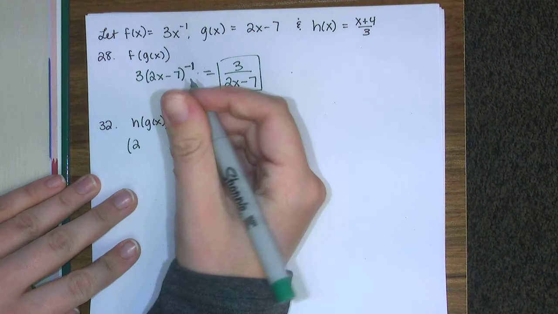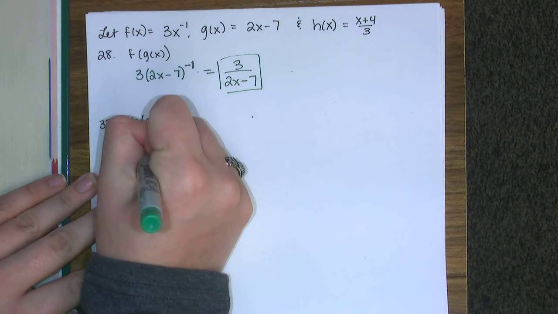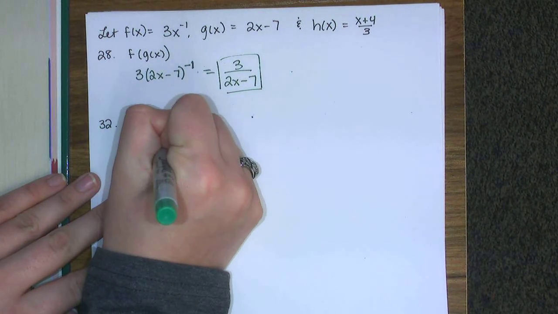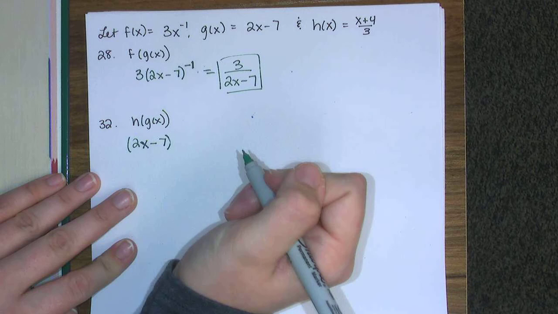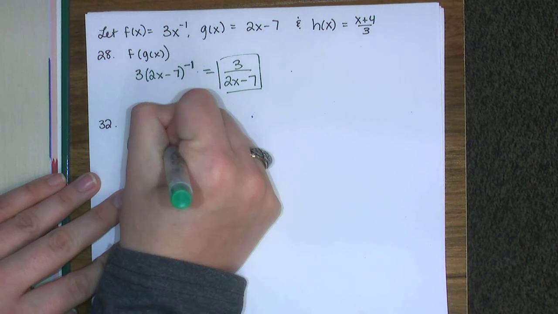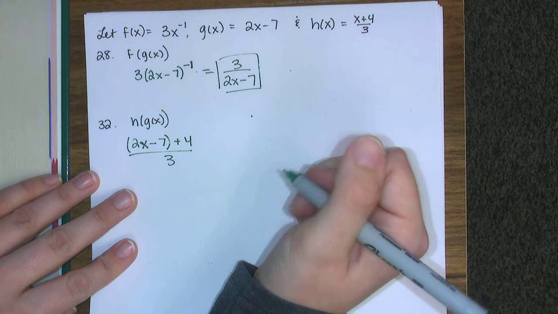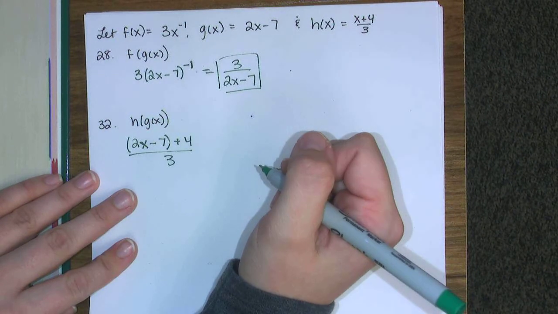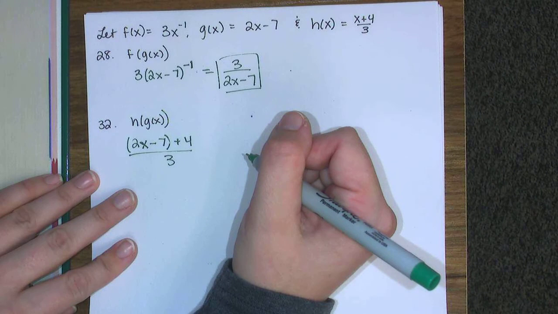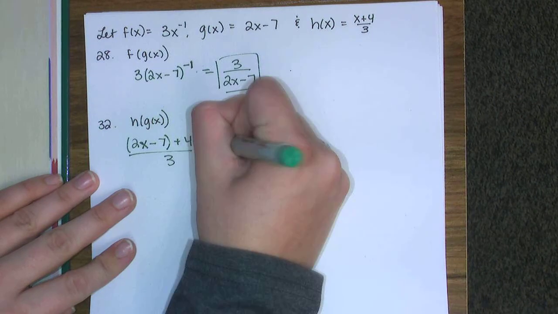So now I have no more values with x, so I just need to rewrite 2x. Now, negative 7 plus 4 is negative 3, so minus 3 all over 3. And that's that.